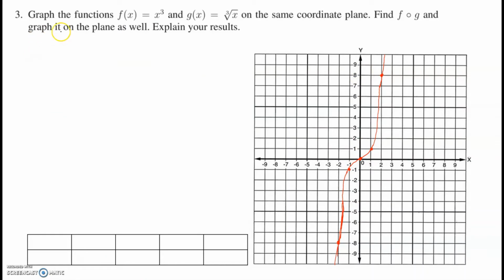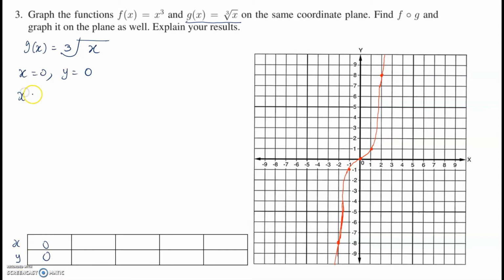Now let's graph the second function, which is g of x is equal to cube root of x. So g of x is equal to the cube root of x. So when x is equal to 0, your y, which is the g of x, will be equal to 0. So here let's plot the points x and y, 0 and 0.